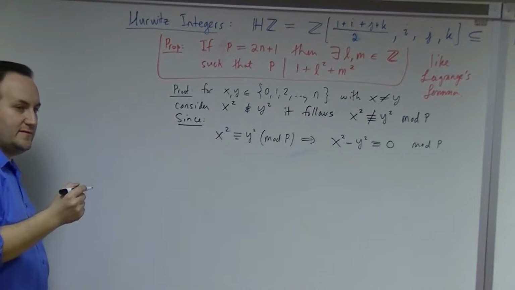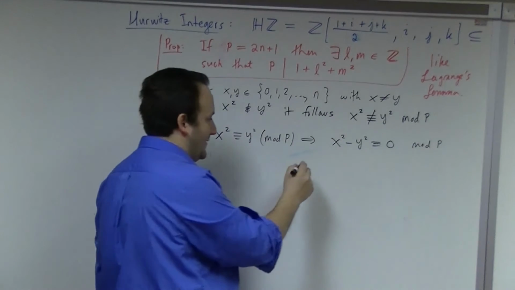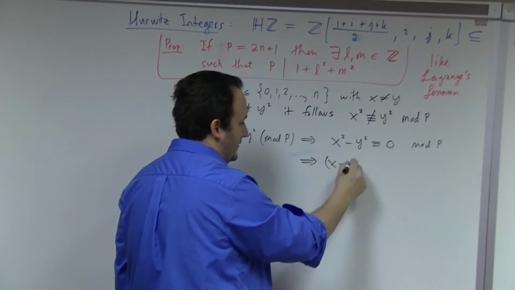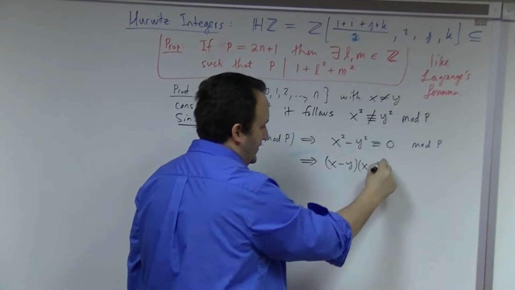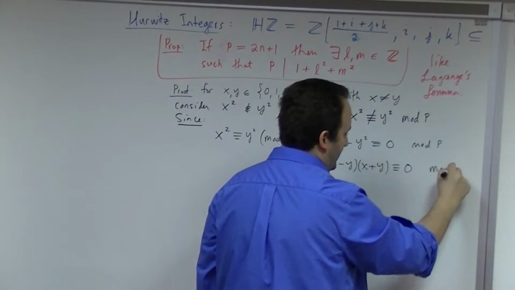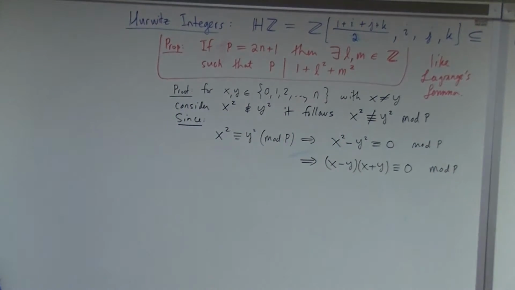I'll deal with it though. All right, let's see here, x minus y times x plus y is divisible by p, by our old friend algebra. Still useful after all these years.